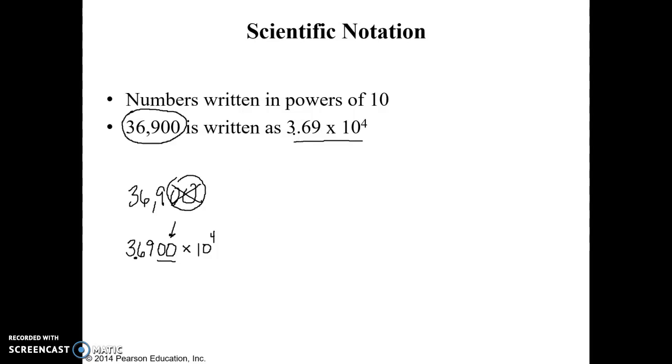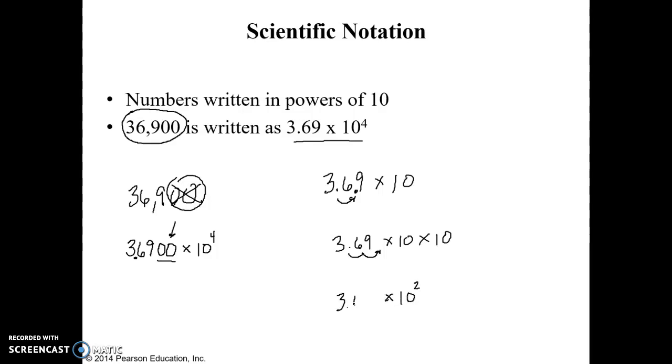So scientific notation is just a way of taking a number and multiplying it by 10 to some power. Now, if we had 3.69 times 10, every time we multiply by 10, we move the decimal place over once. If we were to do 3.69 times 10 times 10, multiplying by 10 twice, we would move the decimal place twice. 10 times 10 we could shorten by writing it as 10 squared.